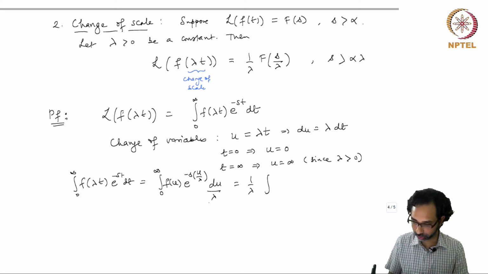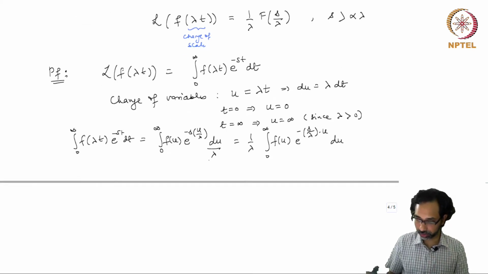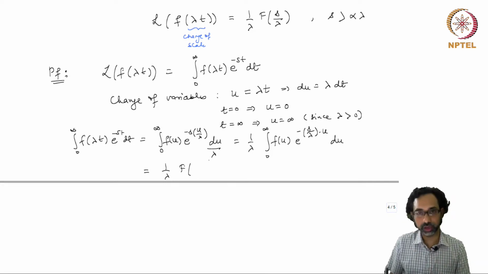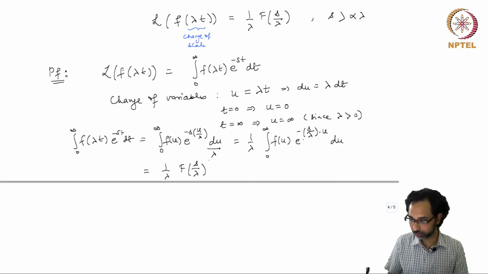So it's 1 over lambda times the integral from 0 to infinity of f(u) exponential minus s over lambda times u, du, and now it becomes clear that this is the Laplace transform of the original function f(t), evaluated at the point s over lambda, because you have this coefficient as s over lambda.